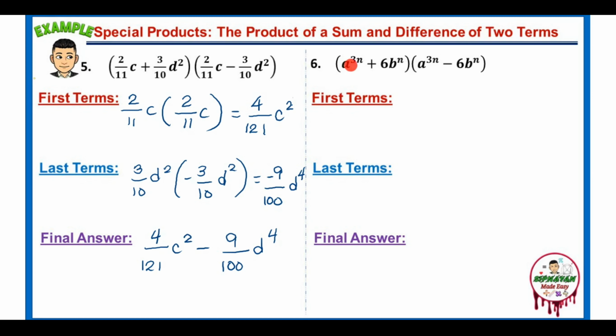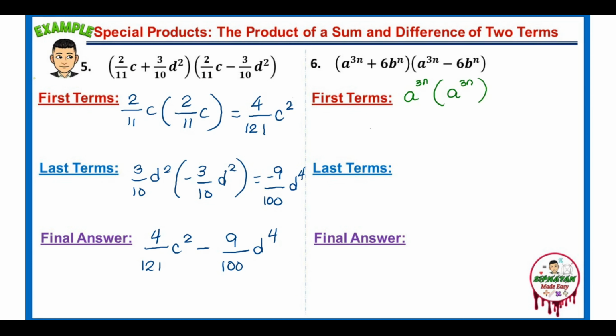In a raised to 3n plus 6b raised to n, the first term is a raised to 3n. In a raised to 3n minus 6b raised to n, the first term is a raised to 3n. Multiplying them, we have a raised to 3n times a raised to 3n.